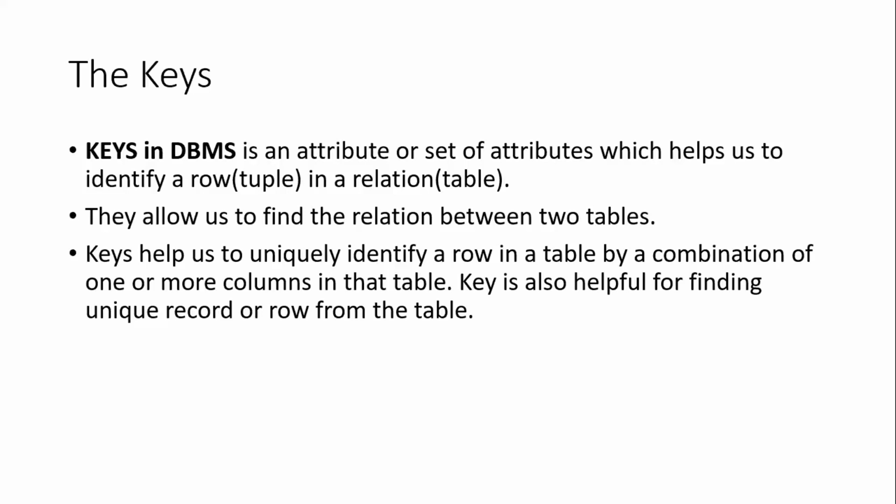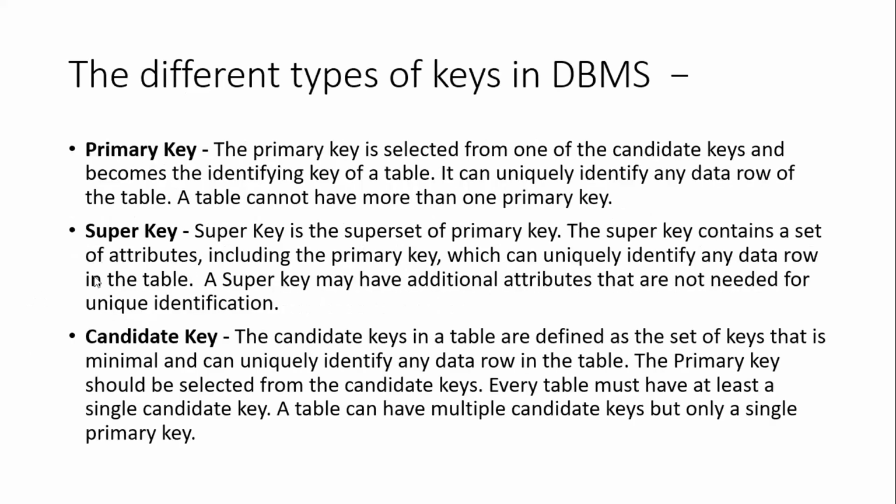Next. The different types of keys in DBMS, or your database, whatever you call it: primary key. So what is a primary key? It can uniquely identify any data row of the table. A primary key is used to uniquely identify a row of a table.